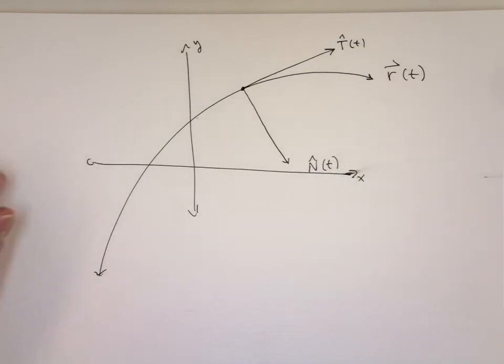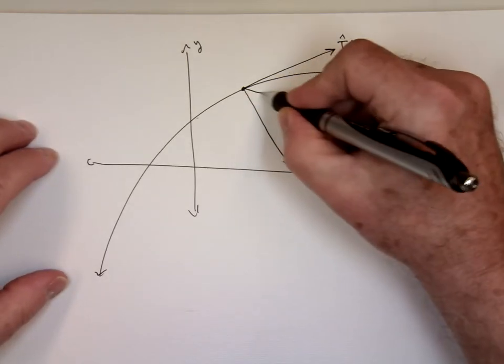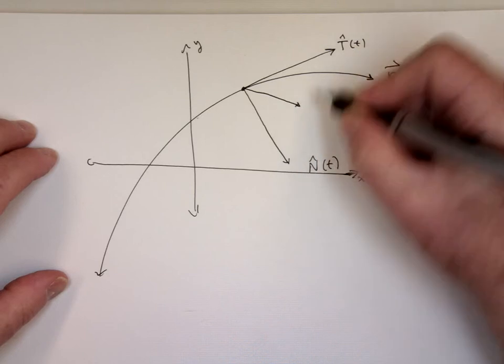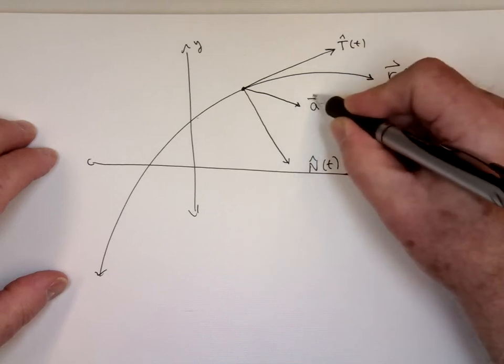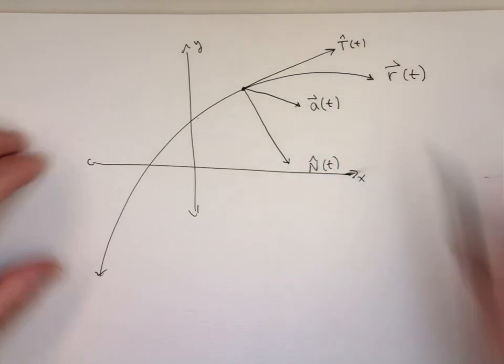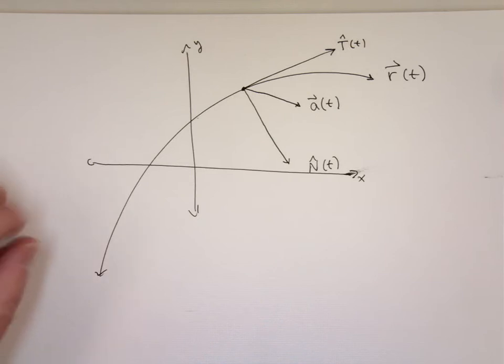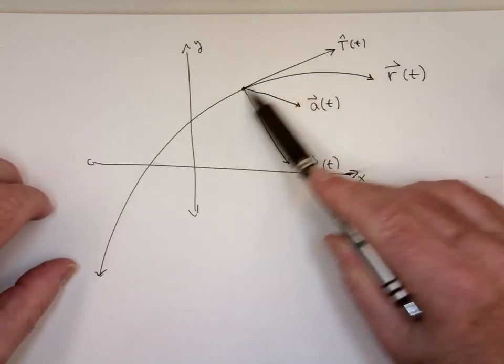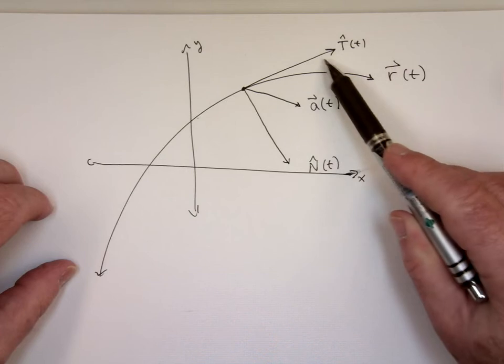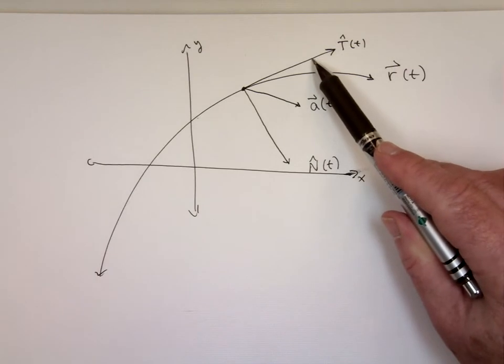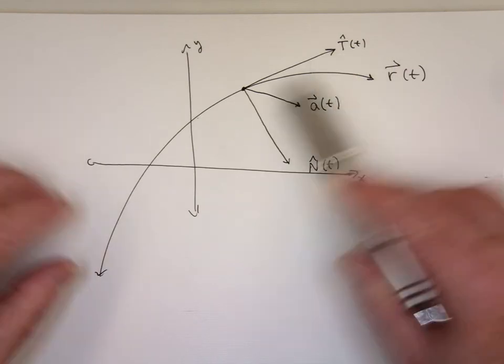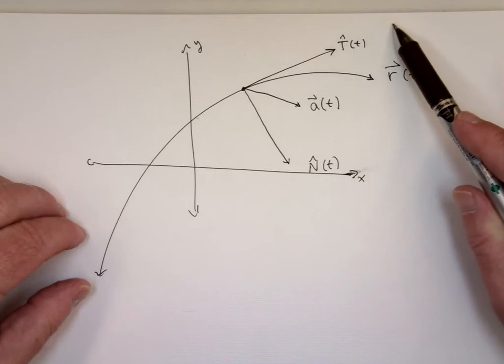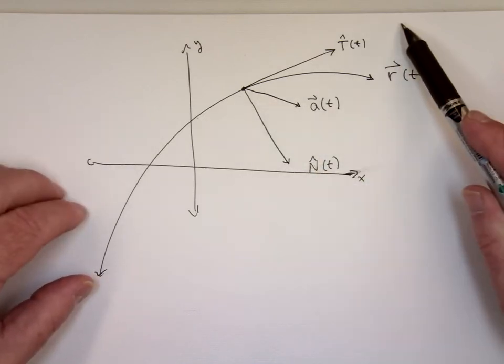We're also going to have an acceleration vector, maybe something like this. We also have a velocity vector I'm not going to draw, which would be part of this unit tangent. It's conceivable that its magnitude is less. It's also conceivable, and usually what happens, that the magnitude is greater. Okay, but that's what we have.